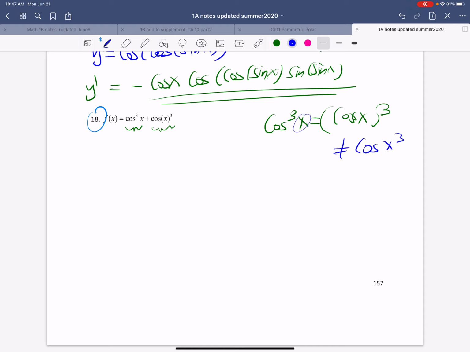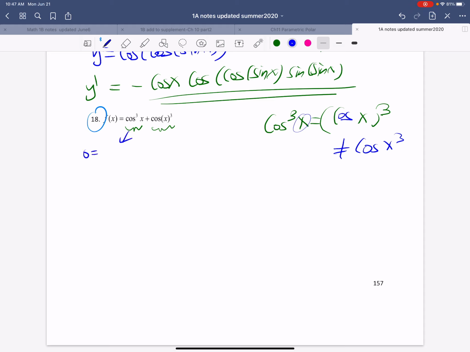All right, so let's go ahead and figure out our outer functions and our inner functions here. Which one is the outer function? Which one is the inner function? For this piece, your outer function is cos x, and the inner function is x to the third.